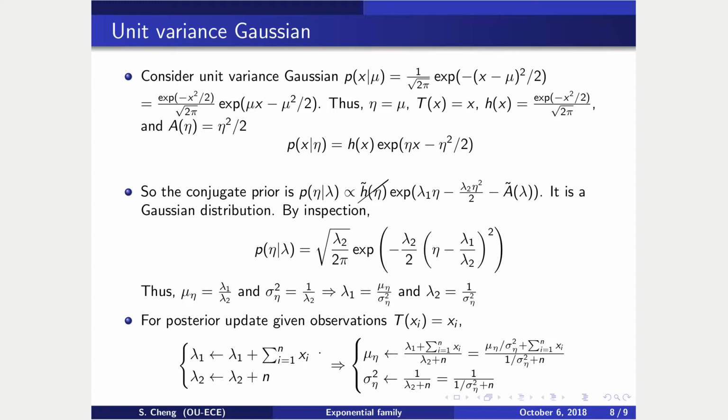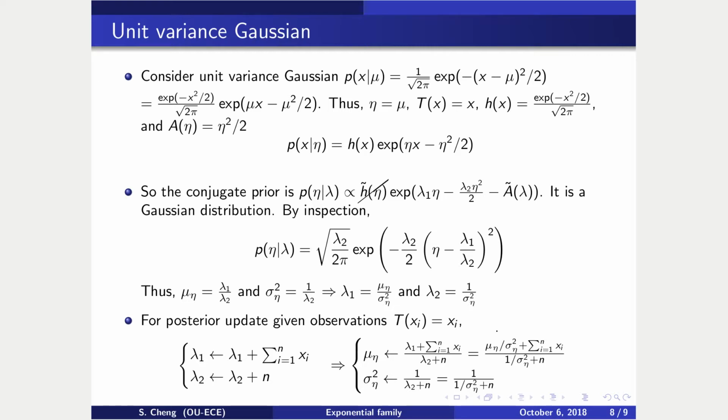Remember that the update for the parameters is lambda 1 updated by summing over all the sufficient statistics, and lambda 2 updated by the number of sufficient statistics n.